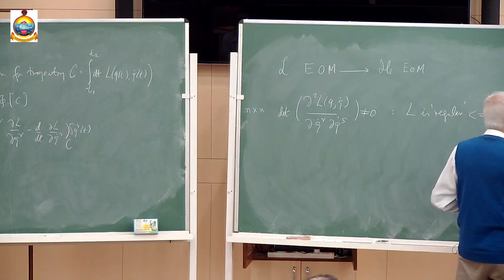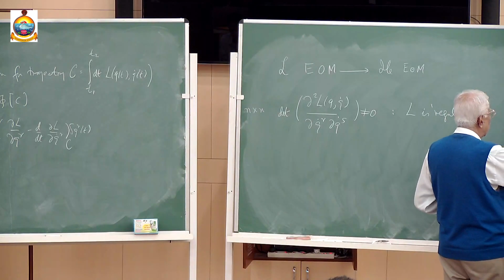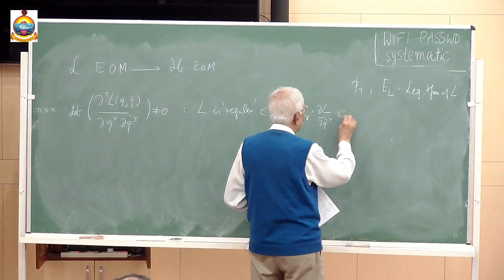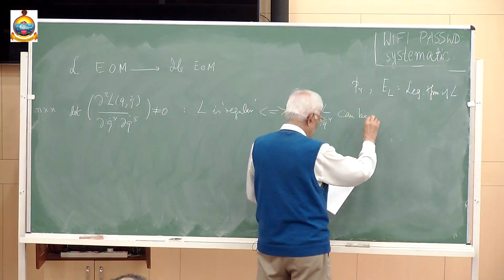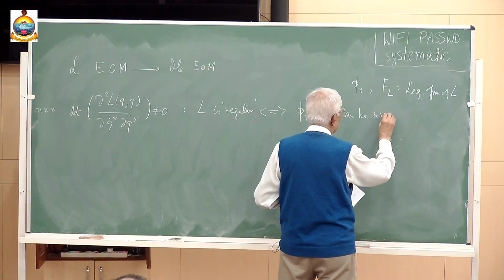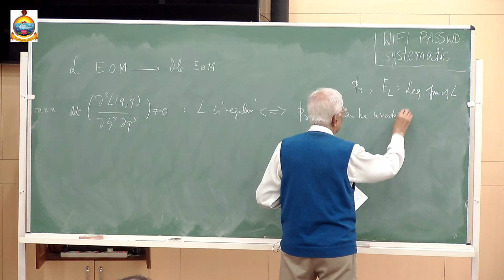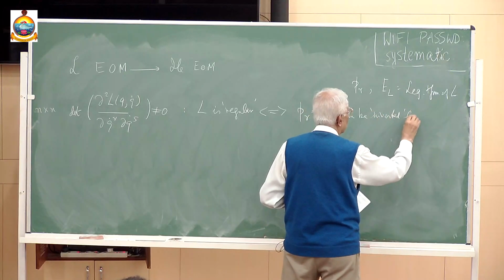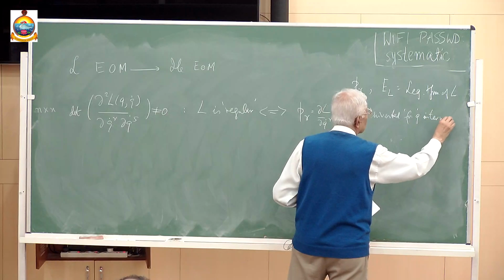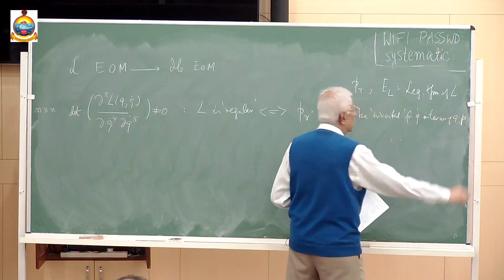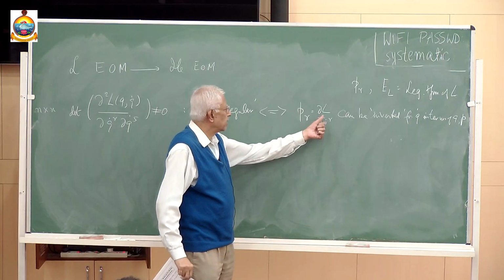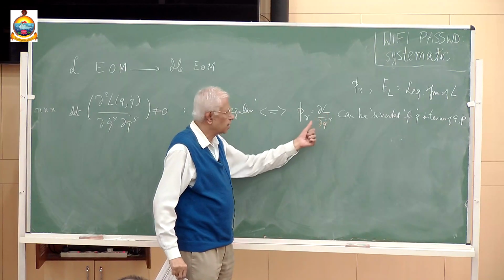These equations for momentum as partial derivatives of the Lagrangian with respect to velocities can be, I will say, inverted for q dot in terms of q's and p. You take this set of equations, the Lagrangian is a function of q and q dot.